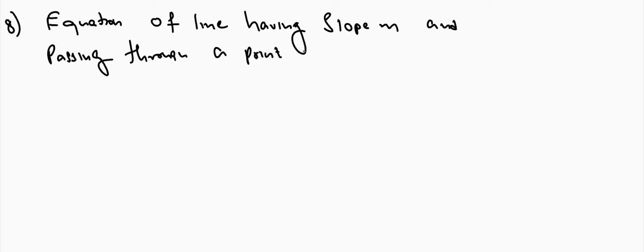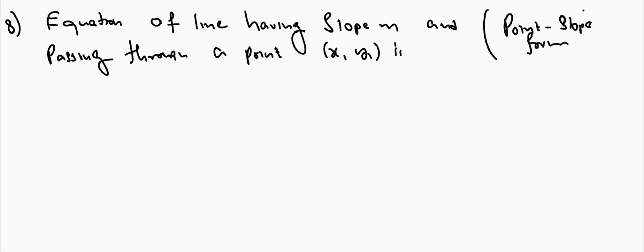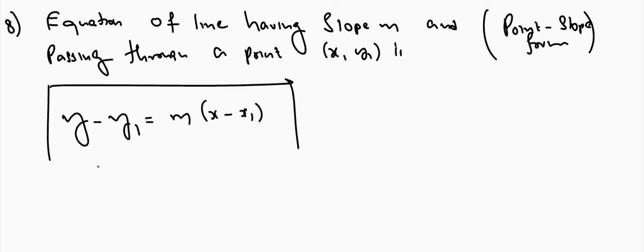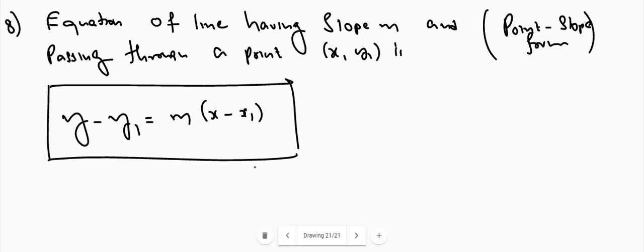If it passes through a point (x1, y1) and has slope m, it is of the form point slope form. It is of the form where the point is given and the slope is given. You can say it as the point slope form, which is y minus y1 equals m into (x minus x1). This is the point slope form: the equation of a line passing through (x1, y1) and having slope m is y minus y1 equal to m into (x minus x1).